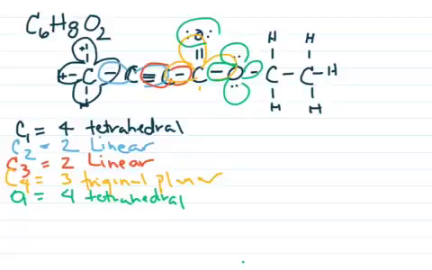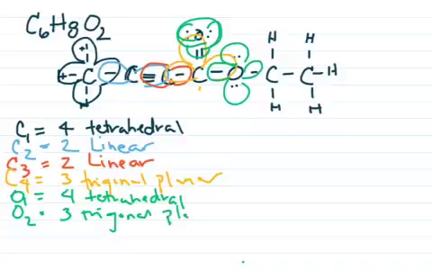This oxygen right here has 3 things around it, so this O2 is going to be trigonal planar. That just means all those lone pairs are going to be in plane, but you really don't need to show them.